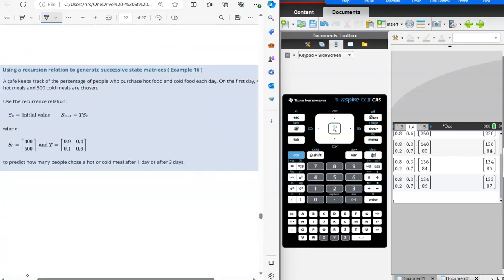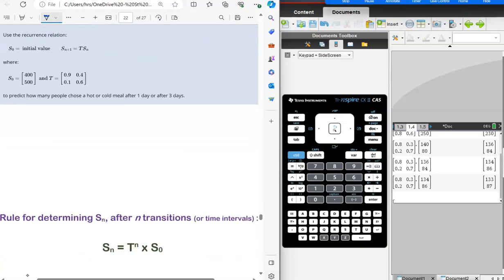So if we go down here to this next one, let's try this. It tells you, let's use this recurrence relation. So all this is telling you is you can get the next one by using the one before.